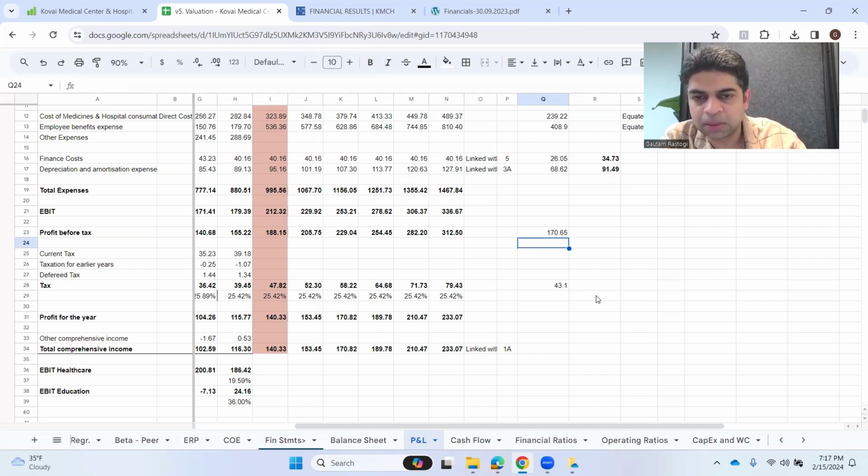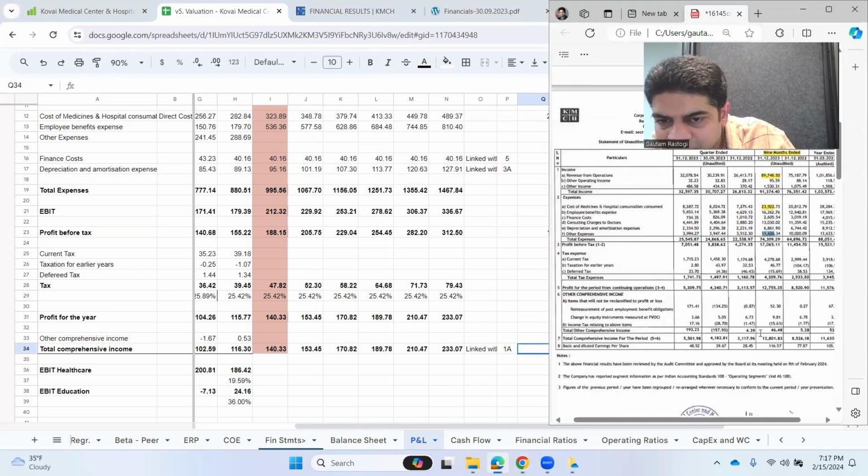Let me compute the tax rate. It's 25%. So it's pretty close. Let's not break our head over the tax rate. I'm not going to do any adjustments here. Let's just jump straight to profit after tax.